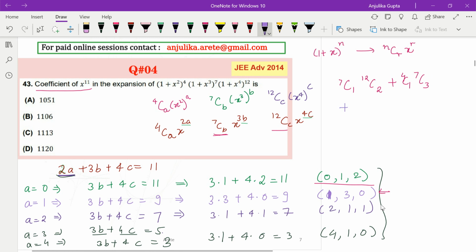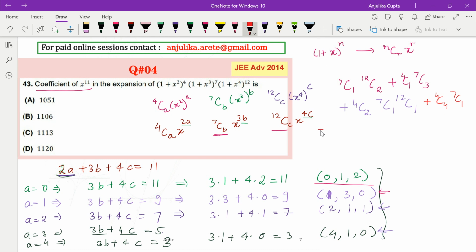From the third set, what do you get? 4C2, then 7C1, and then 12C1. These are the coefficients of x to the power 11. Let's do the last one. What do you get? 4C4 and then 7C1, and 12C0 is again 1.